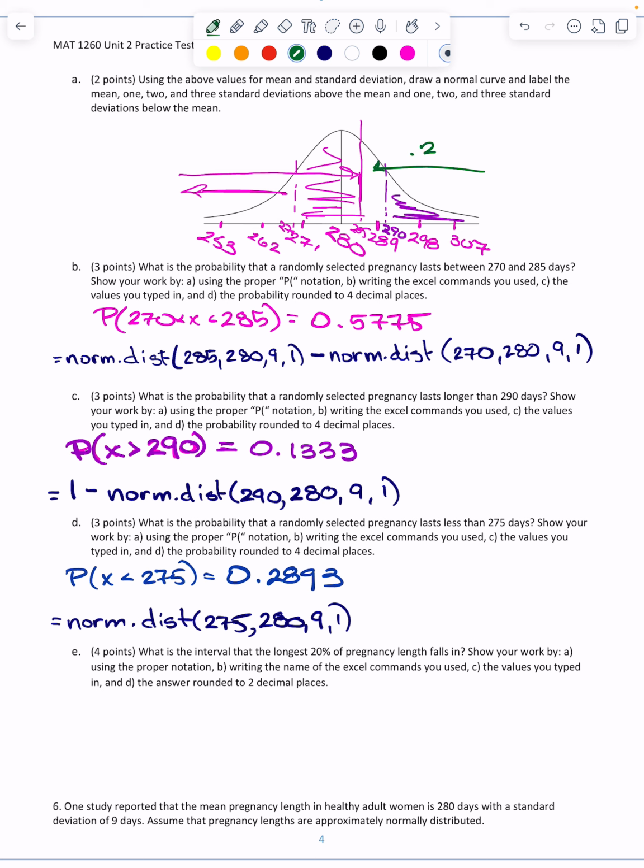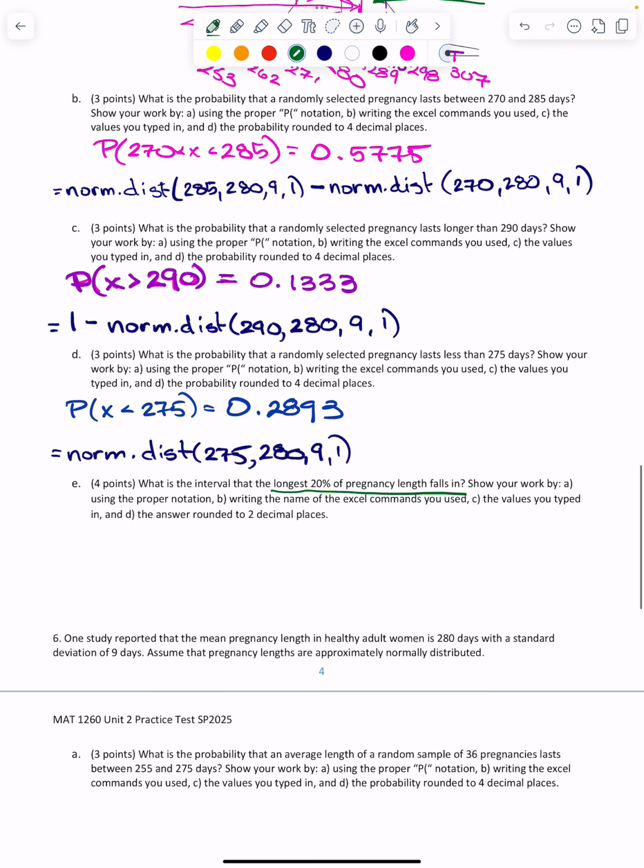I want 20% to be up here. Okay, now, that's cutting off the longest 20% of pregnancy lengths, right? Anything more than this number is going to be the longest 20%. Keep in mind that what Excel gives us is the left-hand side. So I'm going to focus on this 80%.